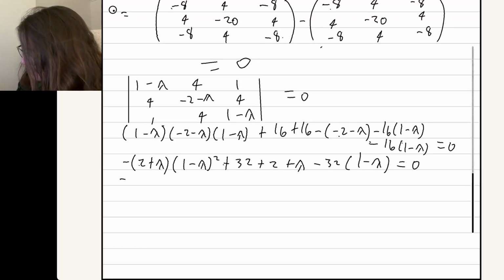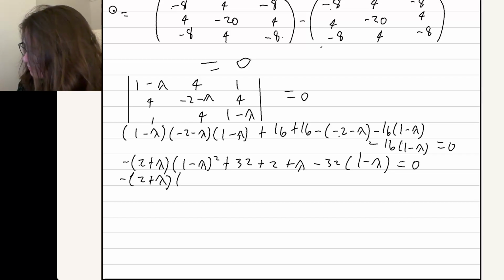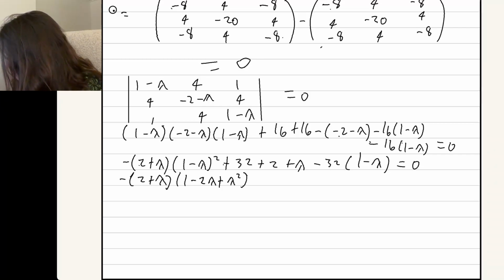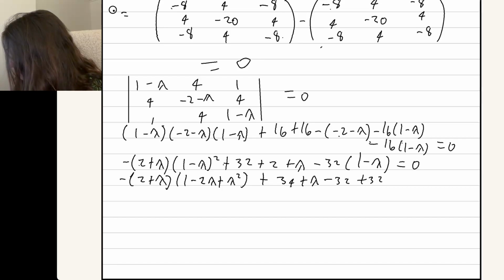We can expand the 1 minus lambda all squared into 1 minus 2 lambda plus lambda squared. On the outside of those parentheses, we end up having a 34 plus lambda minus 32 plus 32 lambda, right?